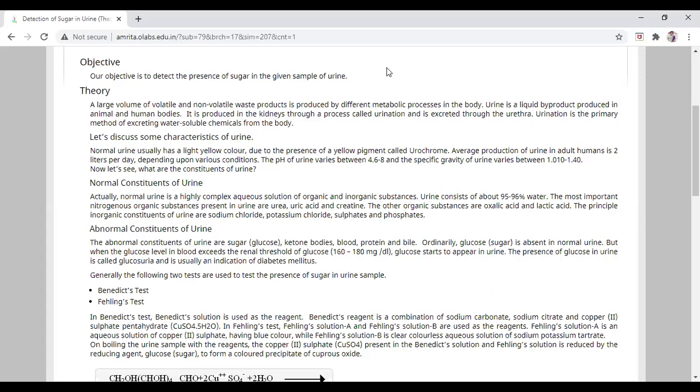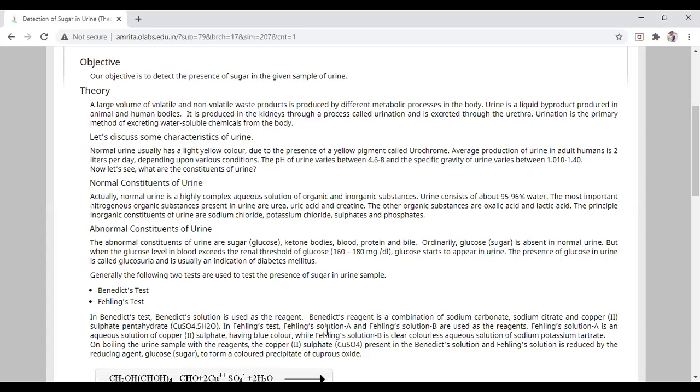So it may vary in response to different conditions. The pH of urine varies between 4.6 to 8, and the specific gravity of the urine varies between 1.010 to 1.40.